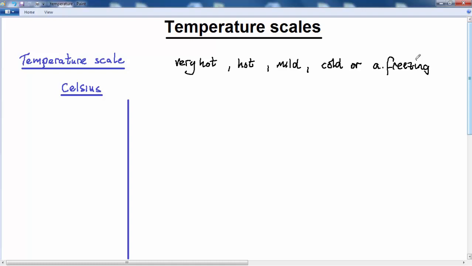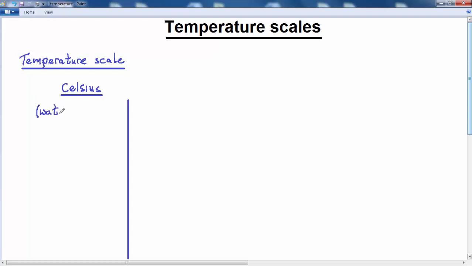So it wasn't really until the beginning of the 18th century that we got our first recognized scale for temperature, or unit for temperature, which is the Celsius scale. And Celsius was a Swedish scientist, and he realized that he could make use of the properties of water in order to define his temperature scale.